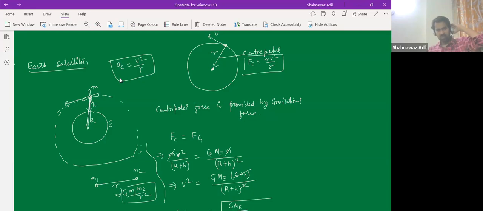We'll do some questions to understand it. But you guys just remember, for the case of escape speed, we have to calculate the kinetic energy and potential energy. For the case of orbital speed, we have to calculate the centripetal force and the gravitation.